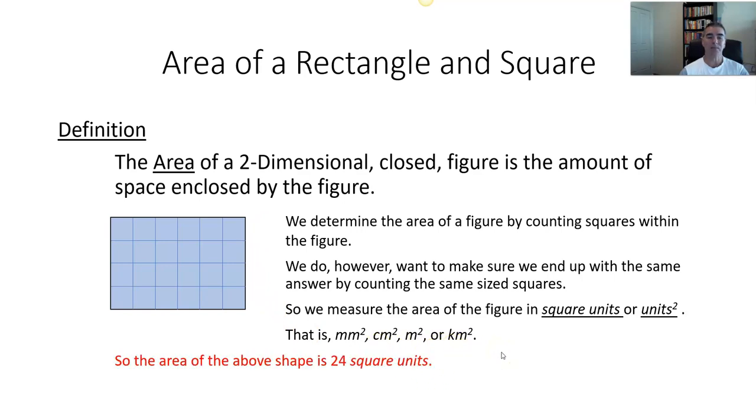In this particular one, if we count the number of squares, we can go 1, 2, 3, 4, etc. There's 6 across the bottom and 4 up the side, so we've got 6 lots of 4. One lot of 6, 2 lots of 6, 3 lots of 6, and 4 lots of 6 gives us 24 square units. Notice I didn't say square centimeters or millimeters because I didn't say what unit of measurement we have there.